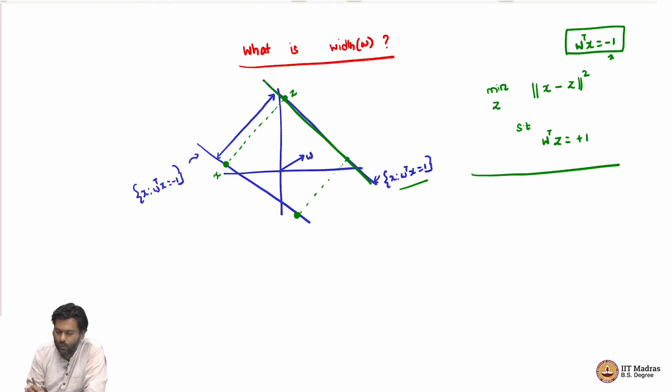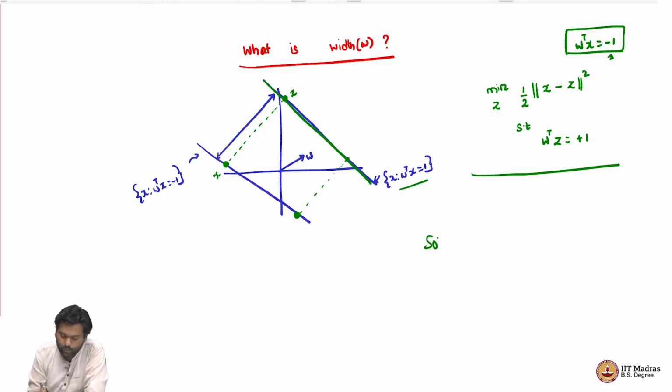But what you will essentially get is that I can either solve this or I can do half of this, that does not matter, because you can either minimize the distance squared or half of the distance squared, the exact point is going to be the same.